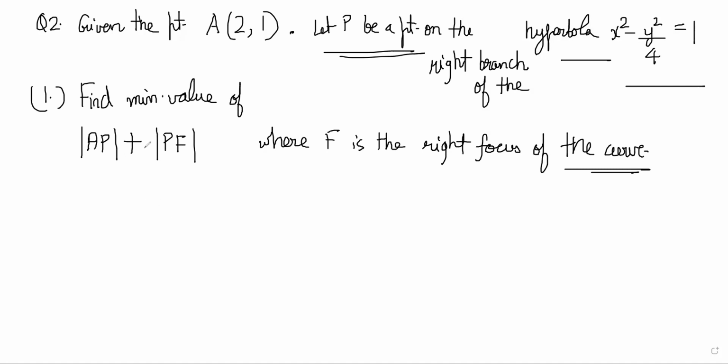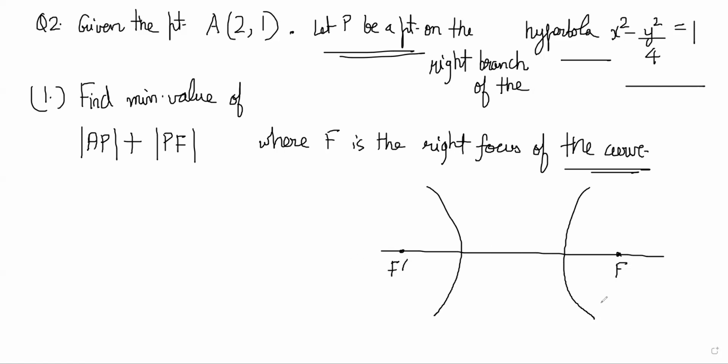Okay, so what we have here is a hyperbola. Hyperbola will have two foci. Let's say this is the hyperbola. It will have two foci. Let's say this is F dash, this is F. We have to take the right focus, right? And P is a point on the right branch. Let's say this is the point P, and we have another point A somewhere here, right?